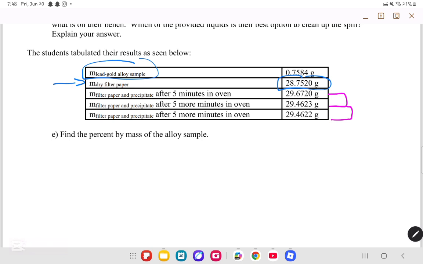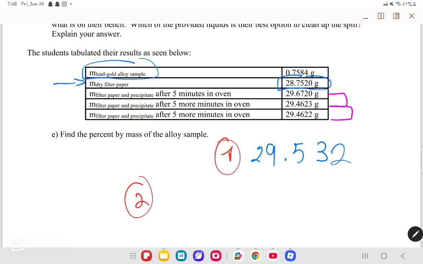What I suggest is to add the three of them and get their average: 29.6720 plus 29.4623 plus 29.4622, and you will divide it by 3 to get approximately 29.532.